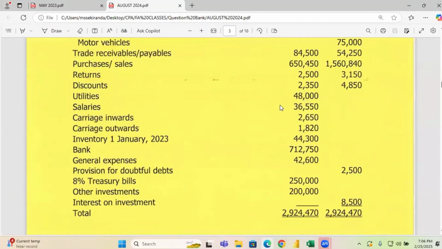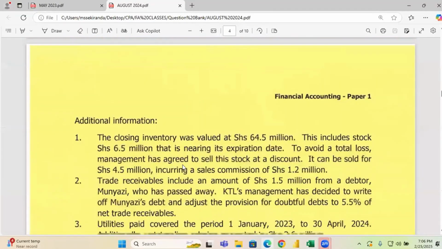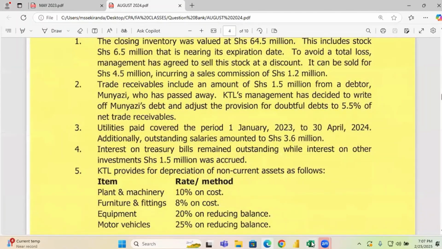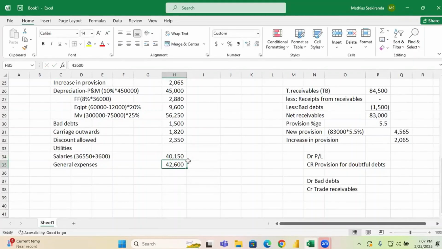So the salary is given up here, 36,550. We add on the accrued expense, the expense that you have incurred but have not yet paid for. By now, I know you know the double entry of the accrued expenses.